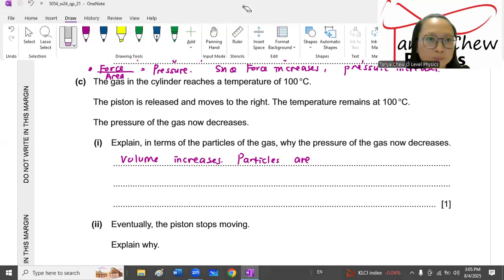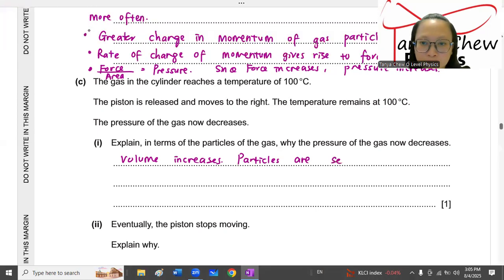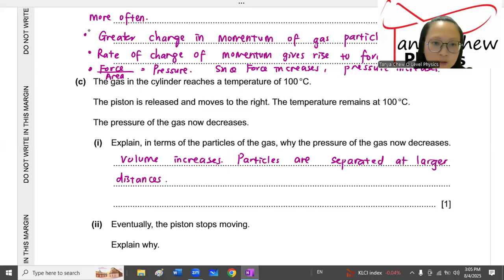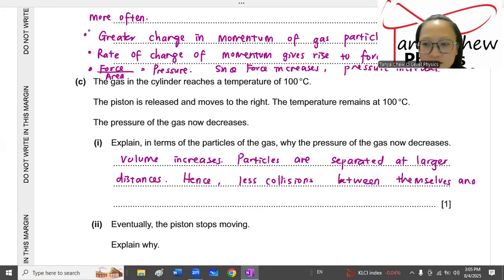Separated at larger distances. Hence, less collision between themselves and wall of cylinder. That's the answer.